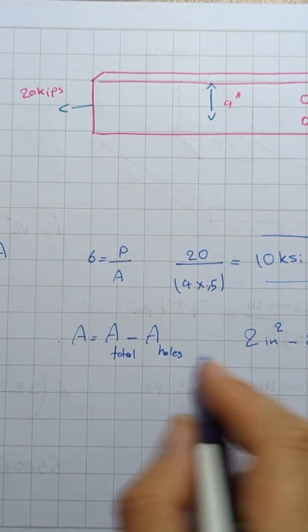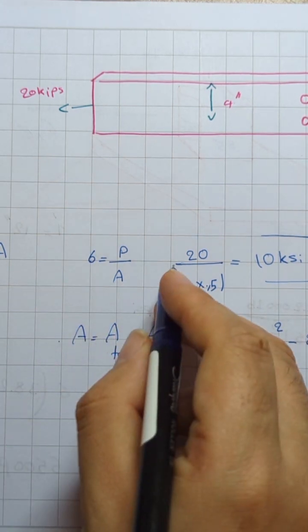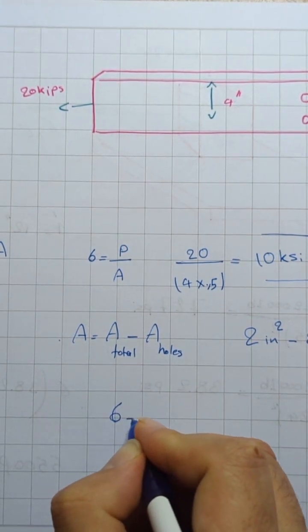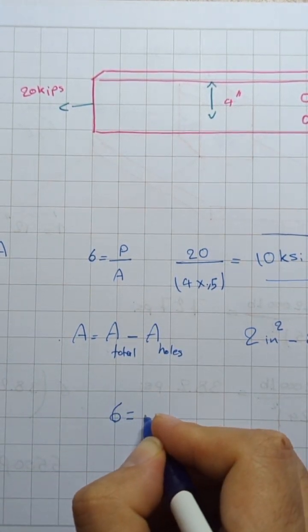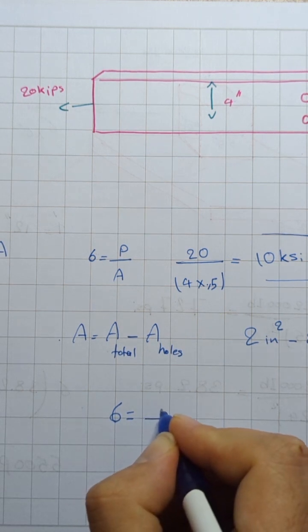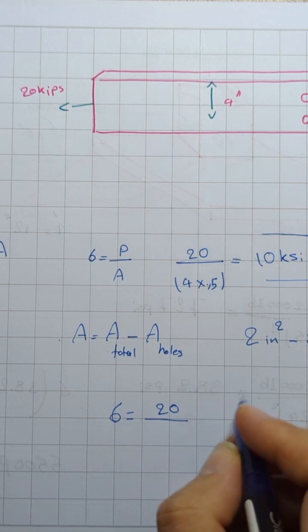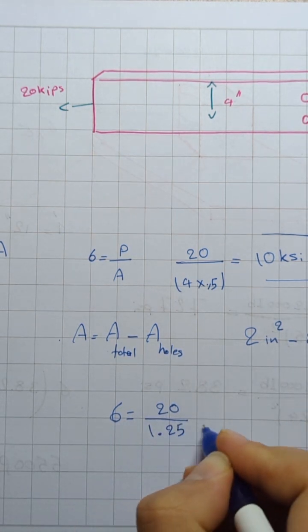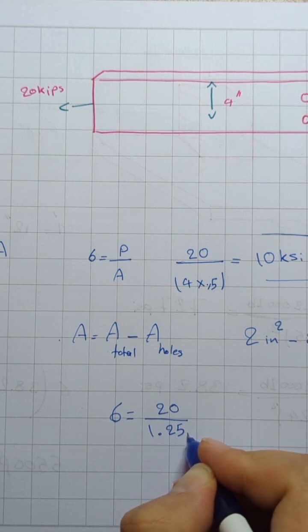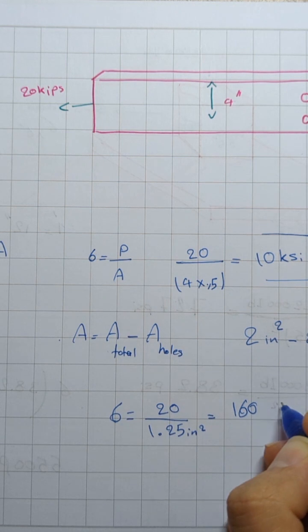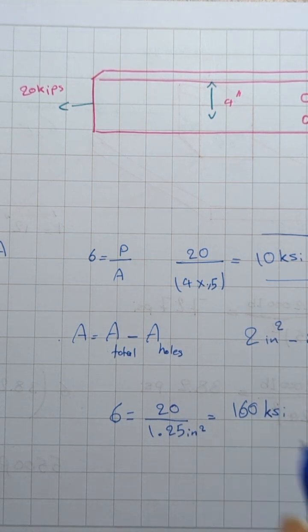Okay, now we have our A, and we already had our P. Sigma equals 20 over 1.25 square inches, equals 16 ksi. What does this mean?